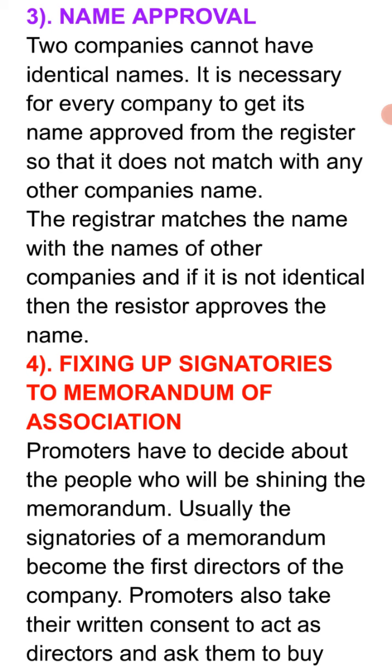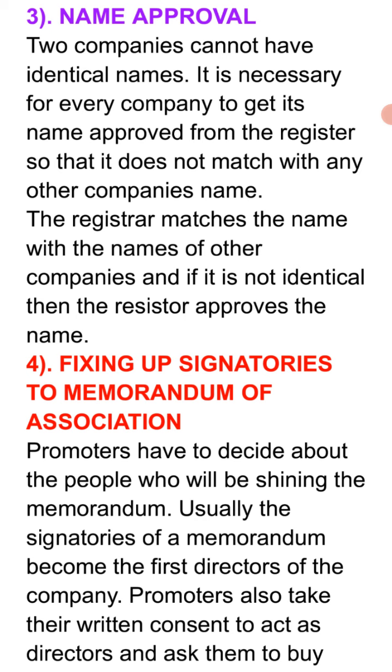Thereafter, the fourth step is fixing up signatories to the memorandum of association. Promoters have to decide about the people who will sign the memorandum. Usually, whosoever are the signatories of the memorandum of association become the first directors of the company.